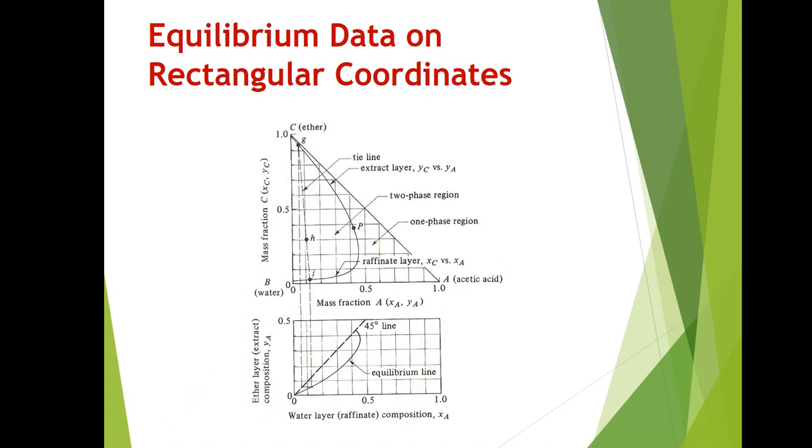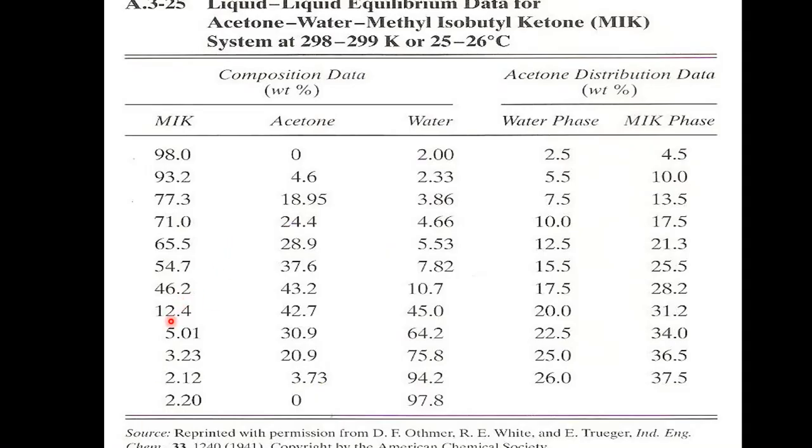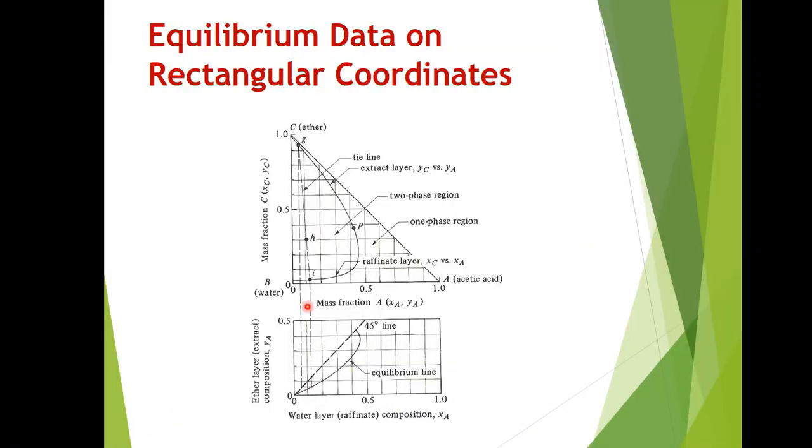Now, the other three columns in this table are used in the upper triangular diagram that you are seeing here. In this diagram you have the two-phase region, wherein you have two phases present, and the one-phase region, wherein you only have one homogeneous phase present. They are separated by this phase envelope.